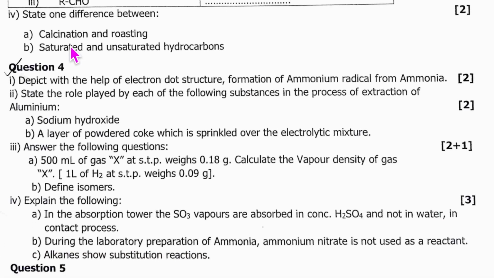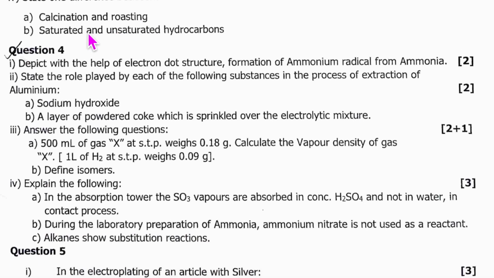Now, quickly look at this. One difference between calcination and roasting, saturated and unsaturated. I'm giving you just 1 minute. Quickly look at the 3 differences. They're asking for 1 difference.